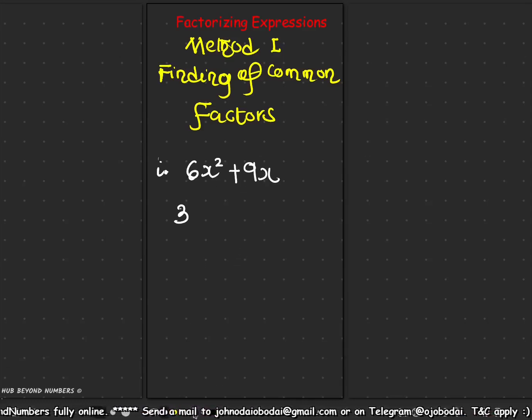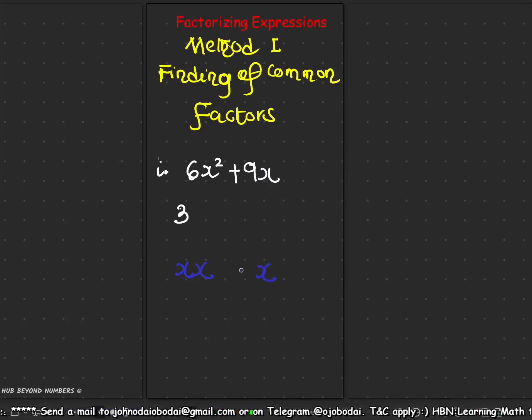So let me use another ink so that we see that x squared is actually x times x, right? And then this here is just x. So for these two, what do they have in common? They have 1x in common. So for the variables, their common term is what? X. So we write it there as the common factor of the variables.